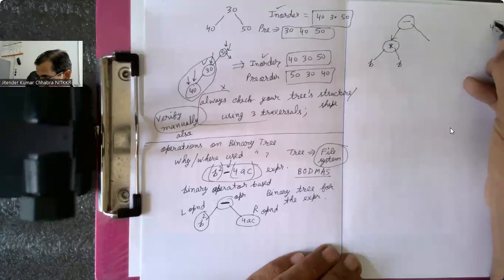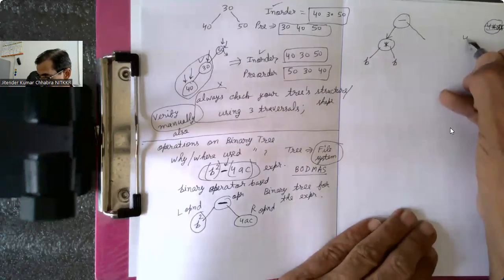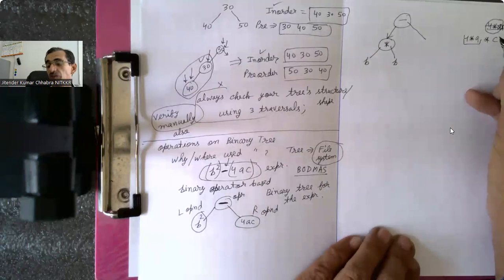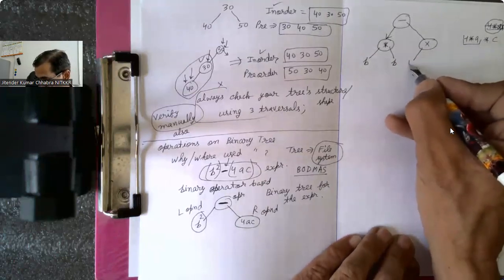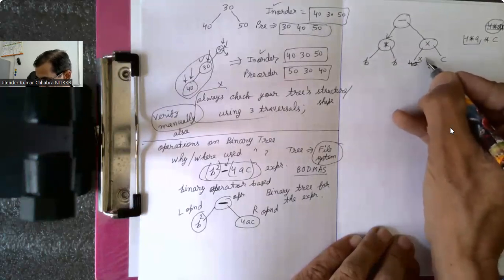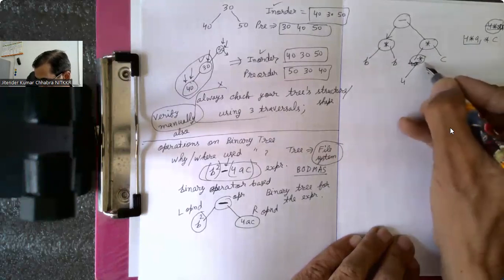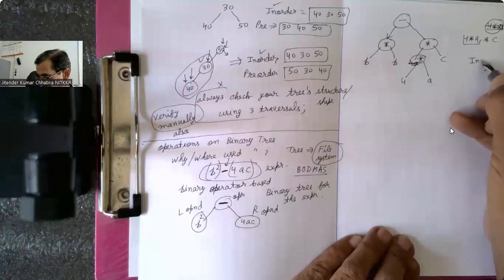Out of this also, 4a gets calculated first because we know left to right associativity will ensure 4a getting calculated first and then c coming here. So this will mean star coming here, this side 4a and this side c. 4a again means multiply coming here, this side being 4, this side being a. And it's in-order traversal now.